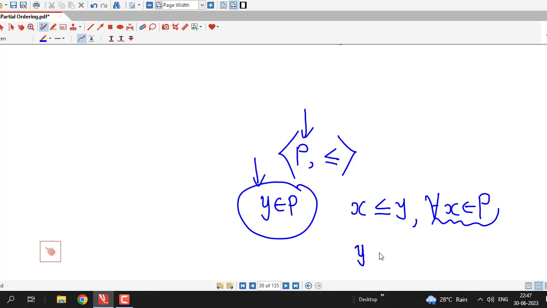And if y is related to x where x is any element of the given set P, then in this case y is called the least element of the given partially ordered set.